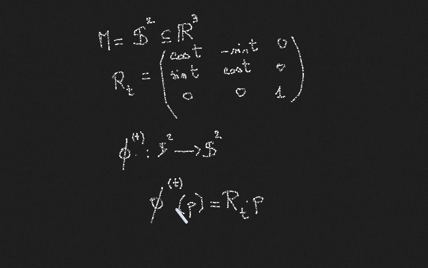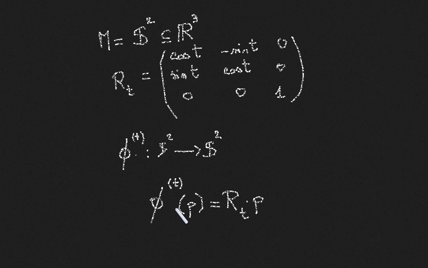Now, even if it's not obvious through the matrix form, it's a rotation of an angle t around the z-axis. So if you compose 2 rotations of angle t and s, you get a rotation of angle t plus s. These are all diffeomorphisms, these are rotations, and the sphere is invariant under rotations.